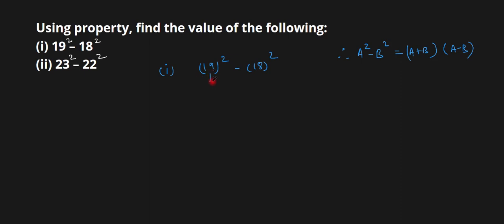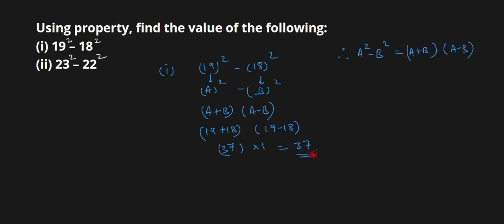So let's say this is a and let's say this is b. So a square minus b square will give you a plus b and a minus b. So what is a here? 19 plus 18 and 19 minus 18. So 19 plus 18 will give you 37. So 37 into 1. So the answer is 37.